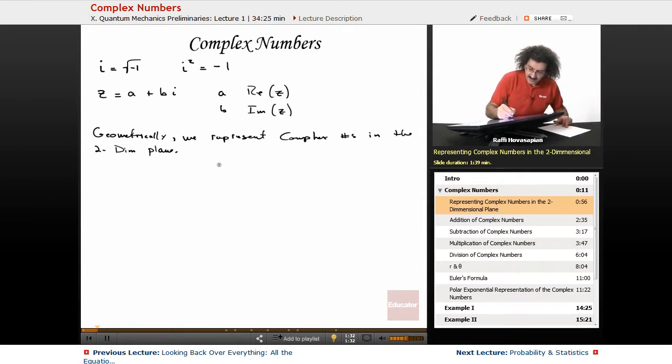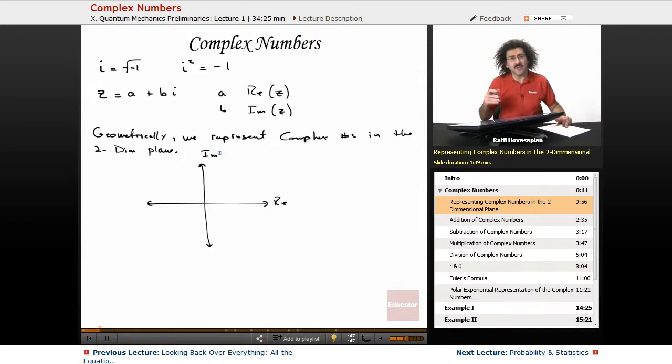So we have something like this. So this is the real axis, the real number line that you're used to, and here we just call it the imaginary axis. So again, this is just a pictorial way of actually representing a complex number.